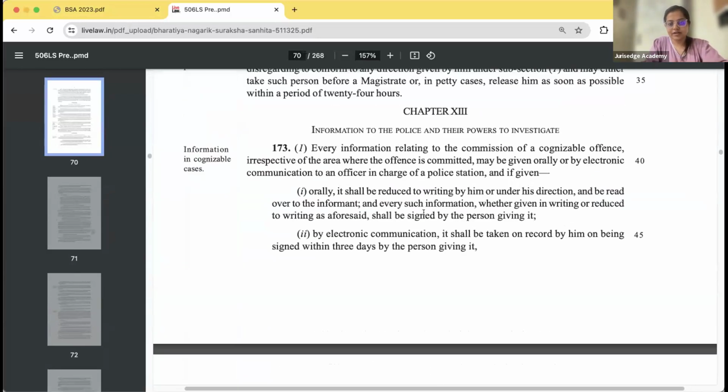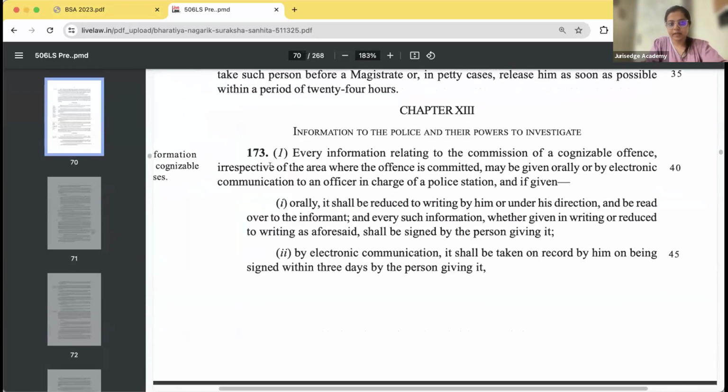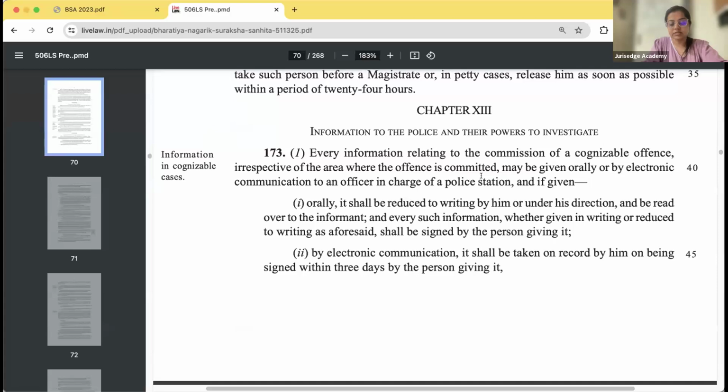So this is 173. Information in cognizable cases. Some things are changed here. So look at the screen, and those who have old Bare Acts, keep marking on your Bare Act whatever is changed. Every information relating to the commission of a cognizable offense.